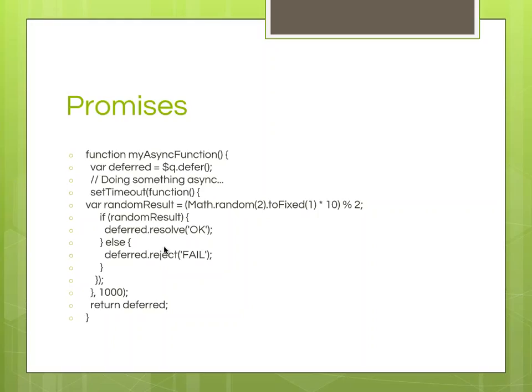So this is a typical promise. Here we are doing nothing but a random function, and we have a timeout that after 1000 milliseconds, it will either do defer.resolve or defer.reject.